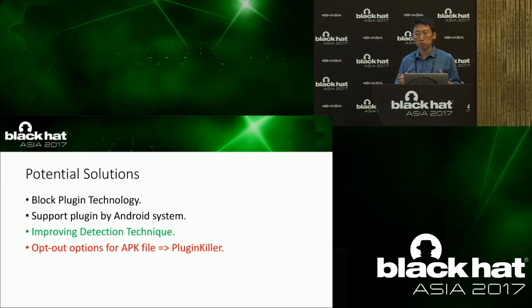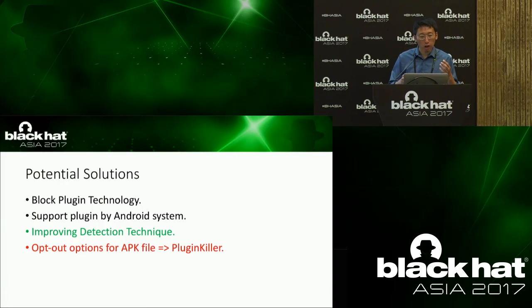The second one is we can modify the Android system, like Google could do, to support the plugin technology, so that the user won't take risks to download untrusted third-party host apps, like the Dual Twitter malware. This is doable, but it requires a longer time for Google to develop it, and that is not doable in a short period of time.